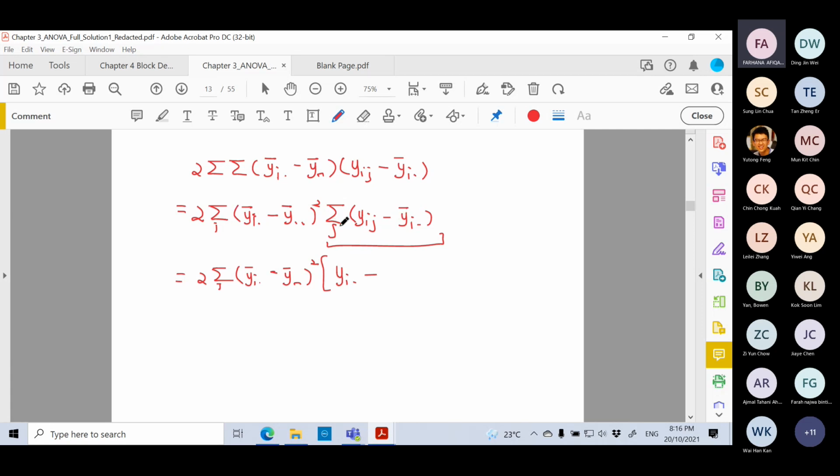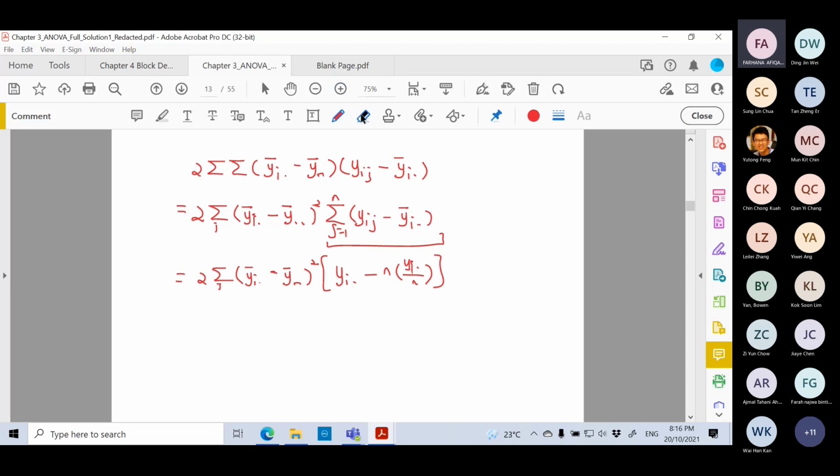You repeat it for n times, with j starting from 1 until the end. So if you repeat this thing n times, then you get n times y bar i. Actually, n times y bar i is n times yi dot divided by n.